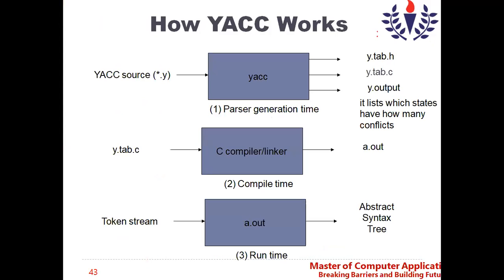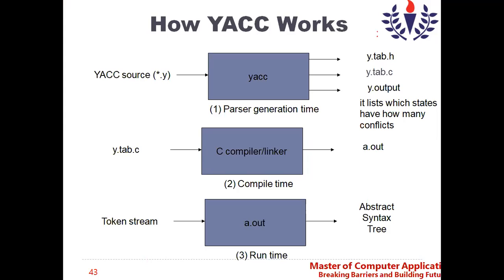If you look at this diagram, it gives a detailed explanation of what happens in each step. When the Yak program is given to Yak, it creates different files. The first file is y.tab.h and the second file is y.tab.c. Depending on the option we give, a y.output file will be generated.